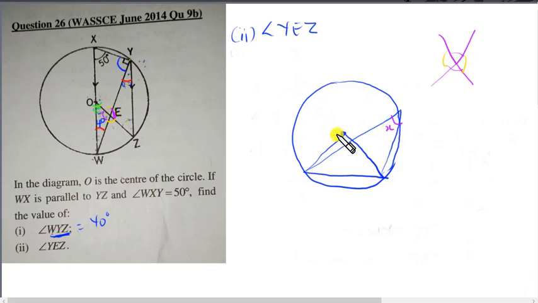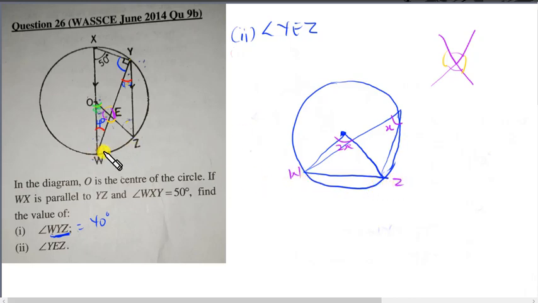All right, so if the angle here is, say, X, then the angle at the center will be 2x, because these two angles are formed by the same chord. Let me use the same letters that we have here: WZ.